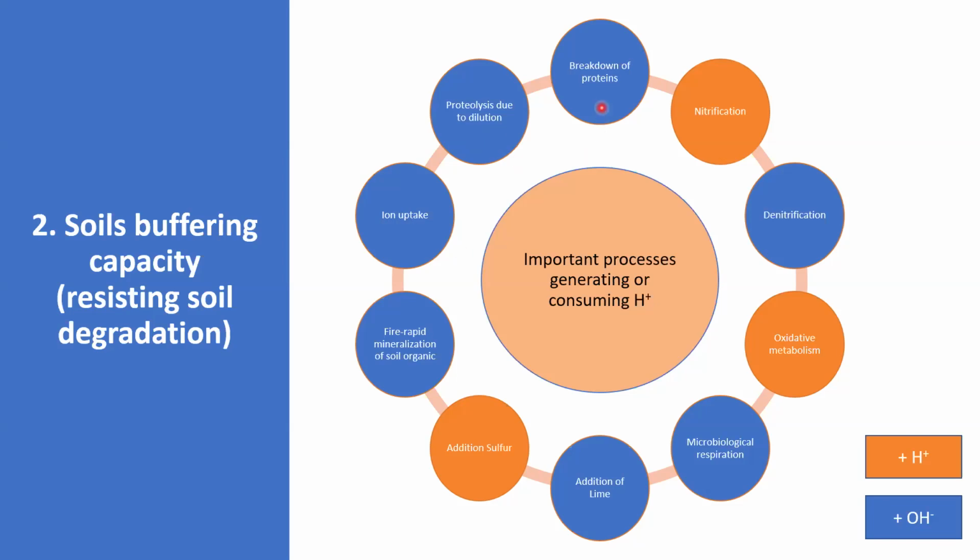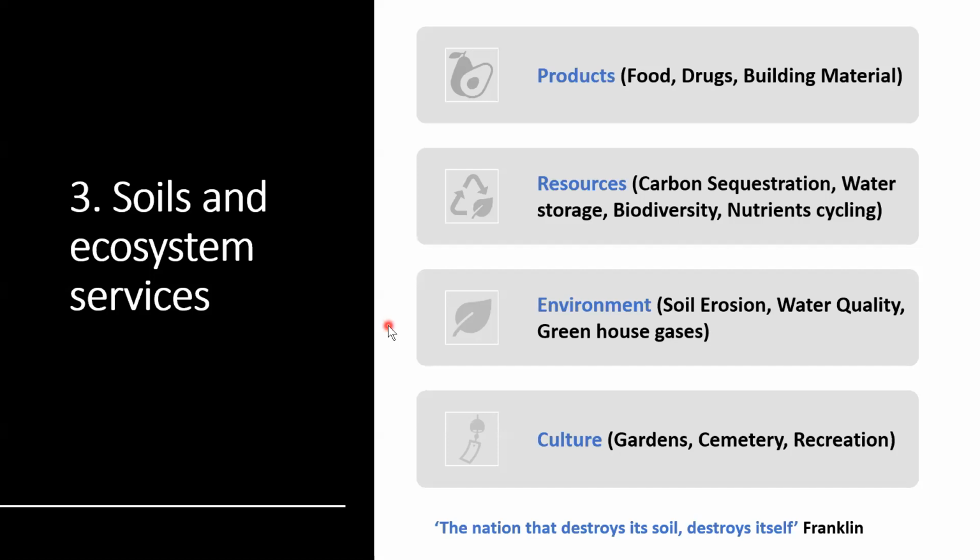The breakdown of proteins also releases OH ions, which means alkalinization. So it is very important and crucial to understand H ion release and absorption in order to enhance the buffering capacity of the soil.